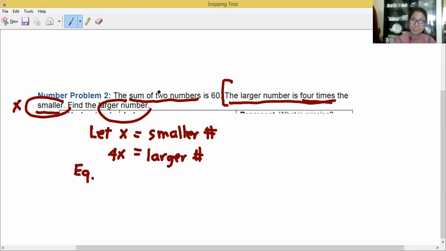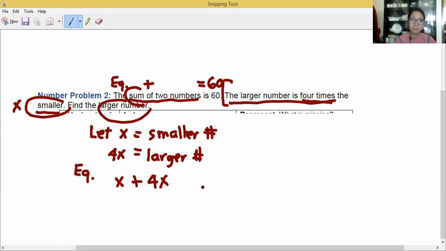Let's go back to the first sentence for the equation. The sum of two numbers. What will you do? You need to add the two numbers, and their sum is 60. What's the first number? X. What's the second number? 4x.